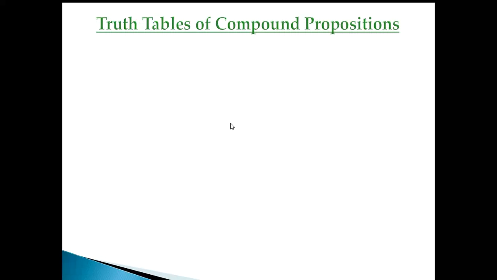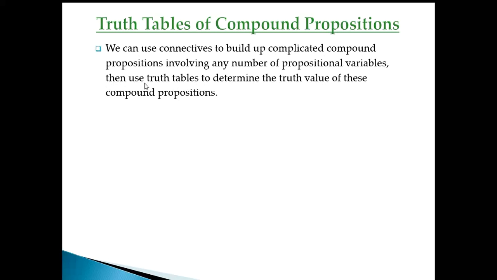Next, we have the truth table, meaning how can we represent our compound propositions by the truth table. We can use connectives to build up complicated compound propositions involving any number of propositional variables, meaning we have many propositional variables. We can use p, q, r like that.